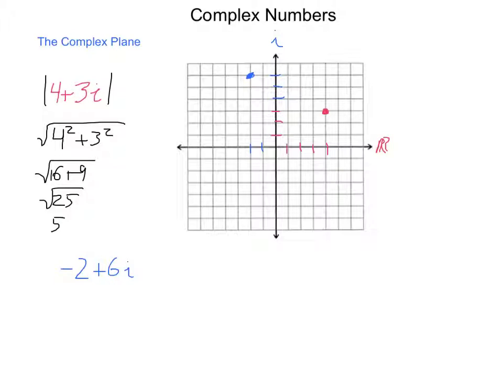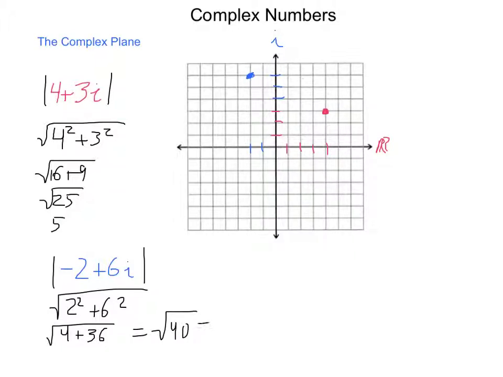Now our absolute value of this is going to be the square root of 2 squared plus 6 squared, that's 4 plus 36, square root of 40, which is 2 square root 10, the magnitude here. So as we go through and build on these ideas, we can keep adding more and more items, but it's just a matter of plotting and finding the distance formula. With the complex numbers, something else that we can begin doing is our basic mathematical operations. So let's begin there.